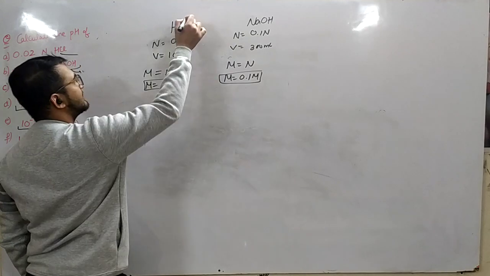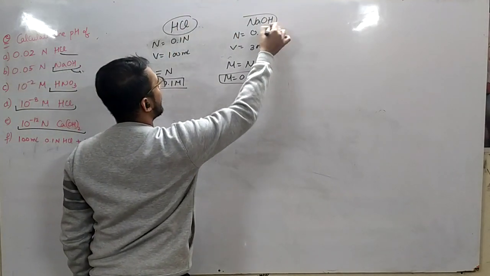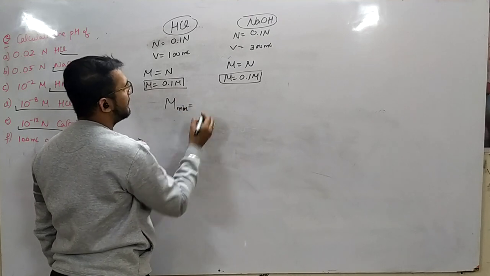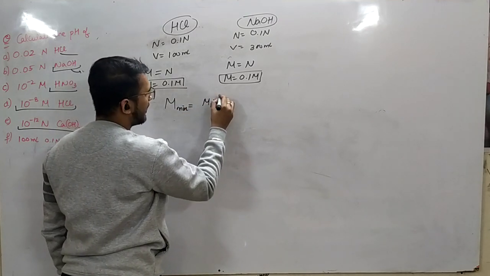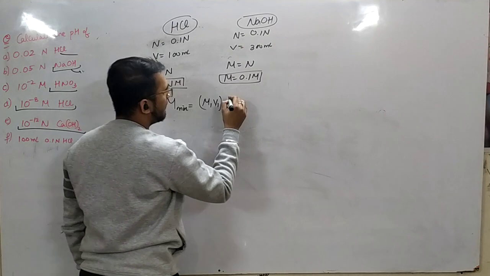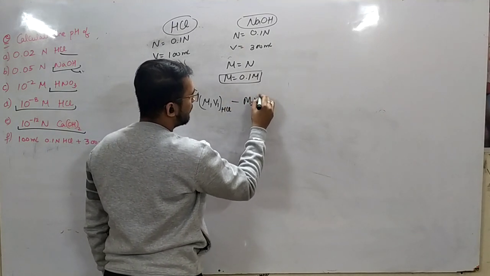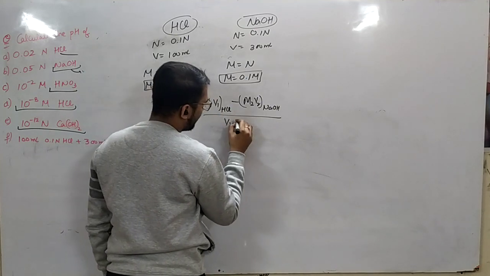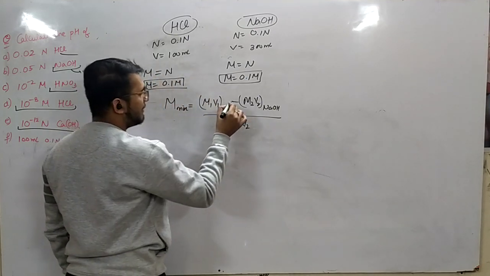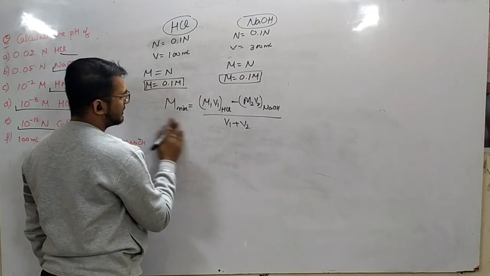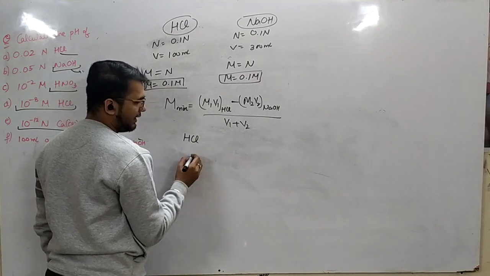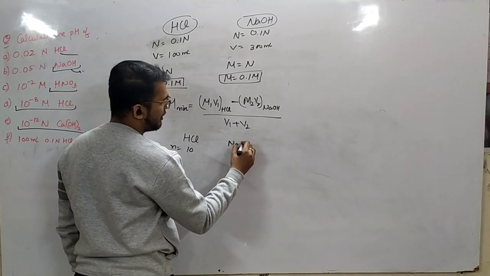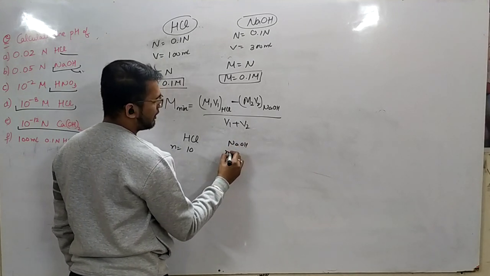Now I am mixing this HCl with NaOH, so the new molarity after mixing will be M1V1 of HCl minus M2V2 of NaOH divided by V1 plus V2. Here I will use a minus sign because the moles of HCl, let it be n equal to 10 moles, and moles of NaOH, let it be for example n equal to 5.